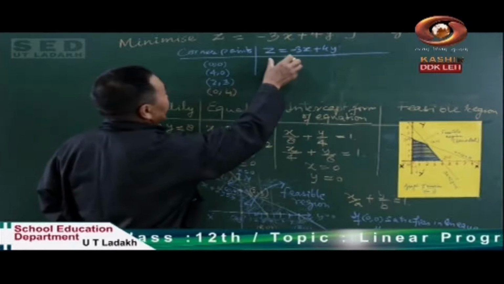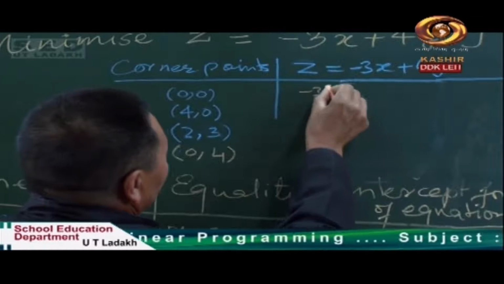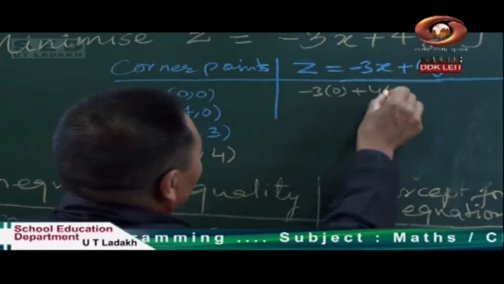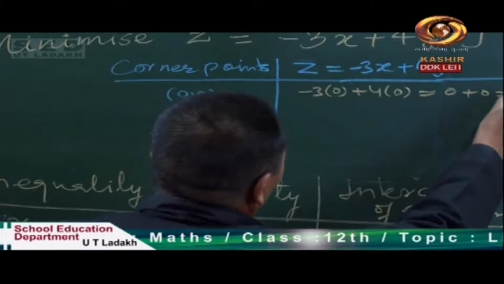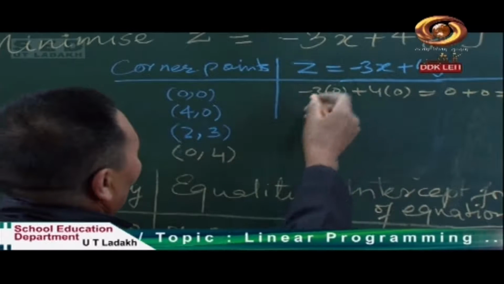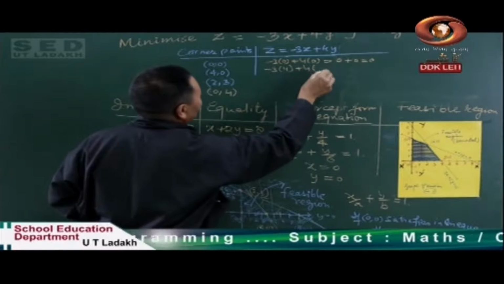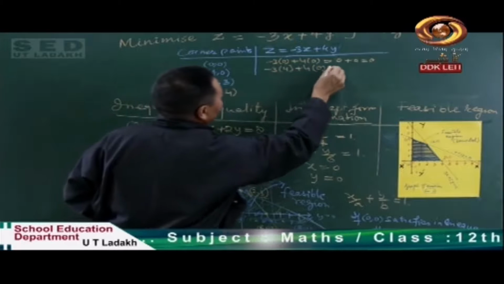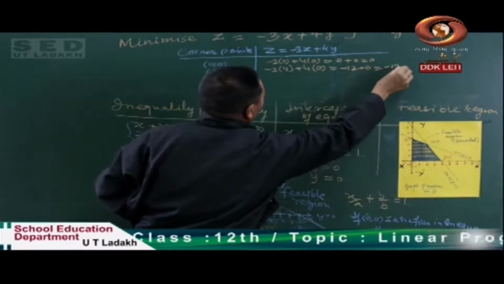If we use them in the objective function, then for (0, 0) it becomes minus 3 into 0 plus 4 into 0, that is 0 plus 0 equal to 0. For (4, 0), minus 3 into 4 plus 4 into 0 equals minus 12 plus 0, equal to minus 12.